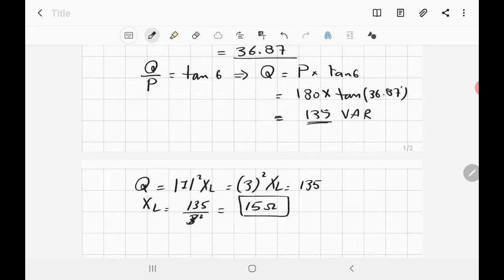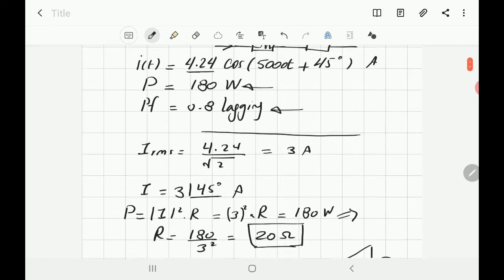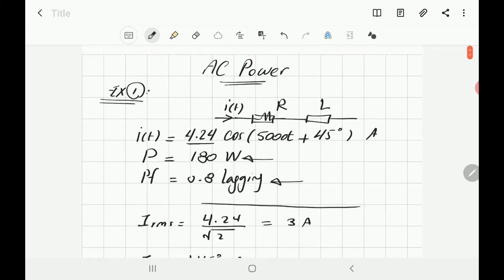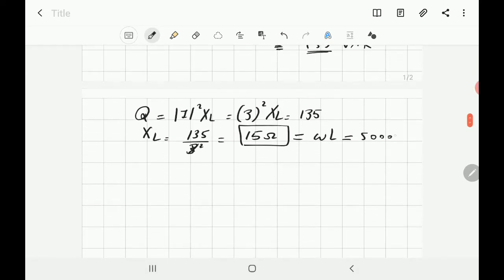But it was required to find the elements. It means we find R and L or R and C. XL is equal to omega L. And omega is given as 5,000. How do I know it's equal to 5,000? Because it was given the current is equal to this magnitude cosine 5,000t. So omega is equal to 5,000.